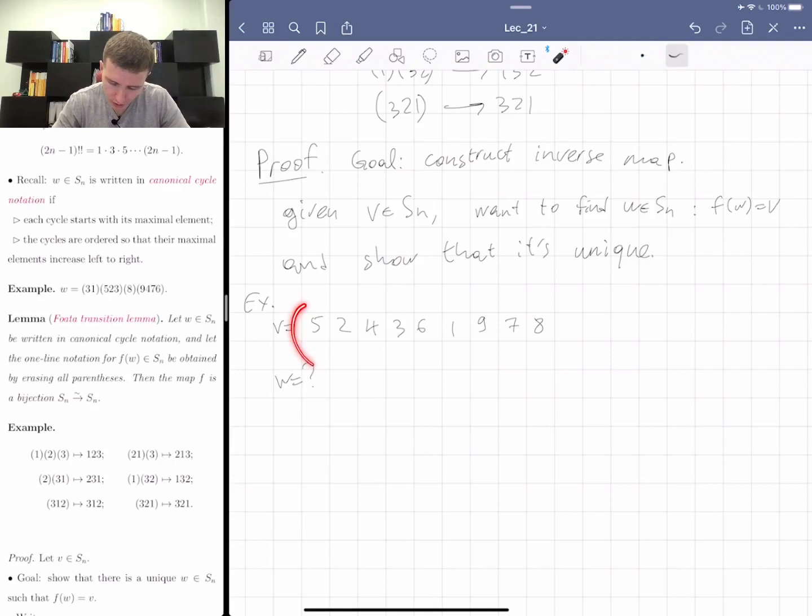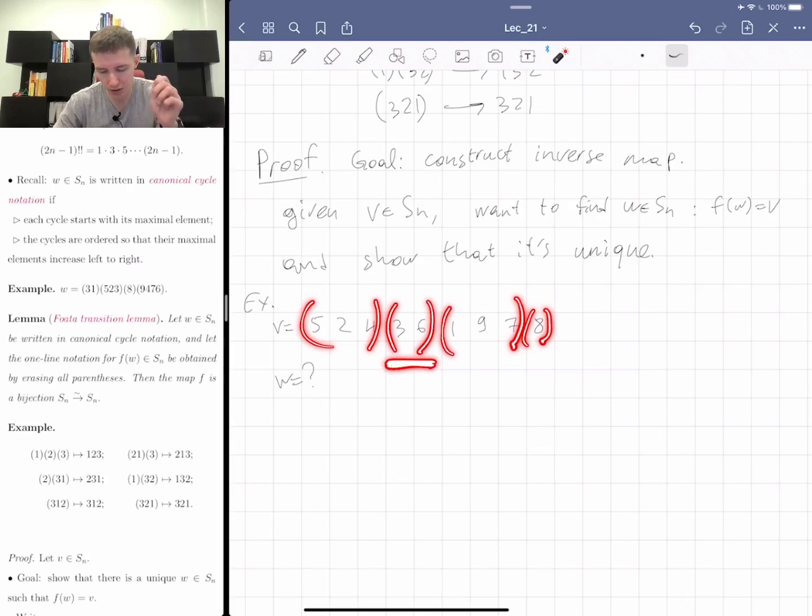Where do you insert the parentheses so that the result would be in canonical form? For instance here, you see that the result is not in canonical form because 6 is the maximal element, so it has to come first in the cycle. So this way of inserting the parentheses does not quite work. And similarly for this cycle here, 1 is the first element, even though 9 has to be first.